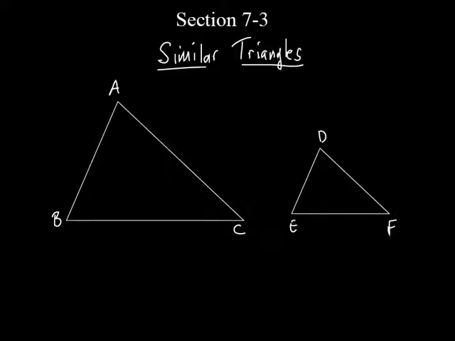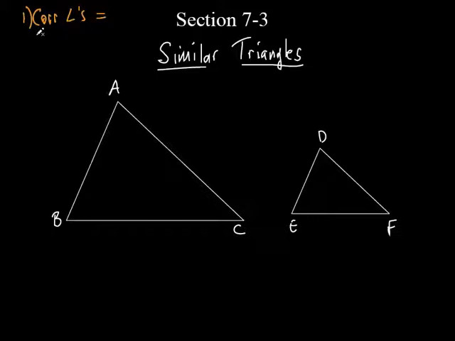Now, up to this point, they've pretty much told you that these polygons were similar. So what two things must be true about similar polygons? Do you remember? The corresponding angles have to be what? Equal to each other, right? So which ones look corresponding to you? The A and the D would be equal, the B and the E, and the C and the F would be equal to each other, okay?